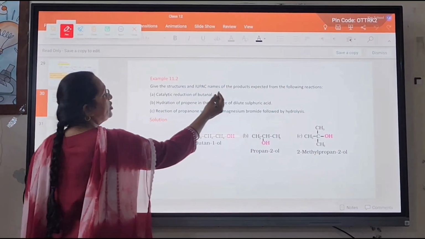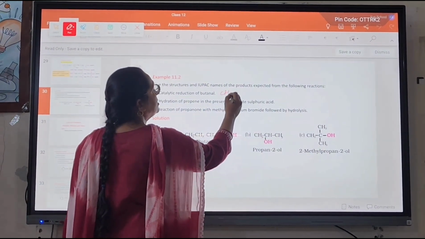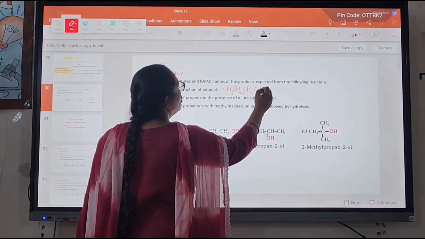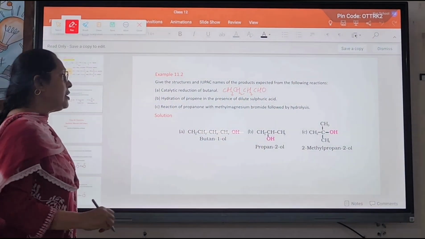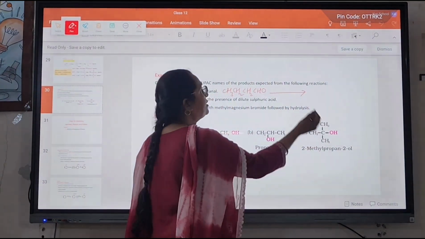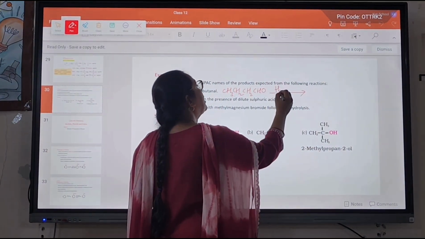So catalytic reduction of the butanal, butanal is CH3CH2CH2CHO. This is butanal, and you are going to reduce it, and for the reduction it may be catalytic or chemical.